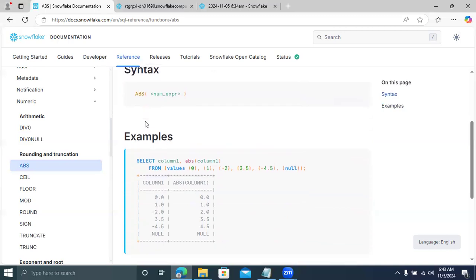Now, if you see here, I'm creating one virtual table using VALUES. The values are 0, 1, -2, 3.5, -4.5, and null.